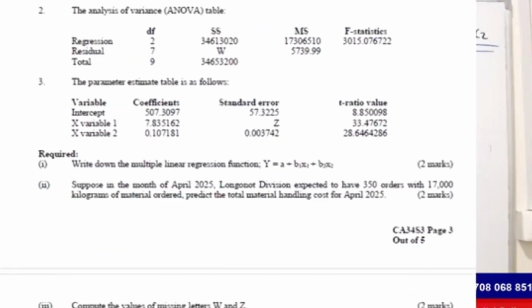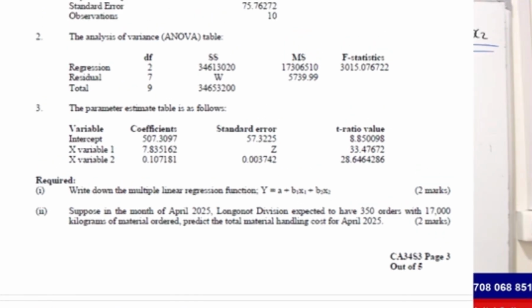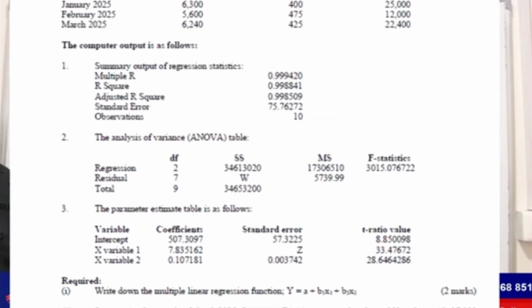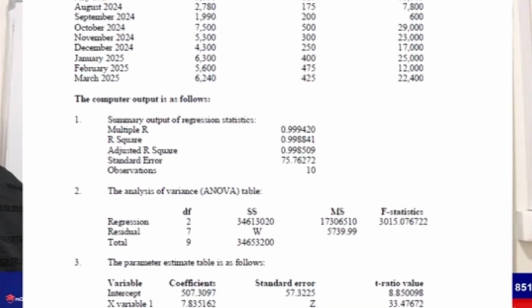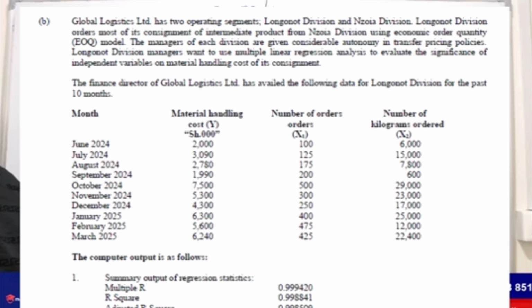Part 1 was to write down the multiple linear regression function y is equal to a plus b1x1 plus b2x2. That's the equation. Suppose in the month of April 2025, Longonot division expected to have 350 orders with 17,000 kilograms of material ordered. Predict the total material handling cost for April 2025. So if we check our variables, the good examiner here told us what?